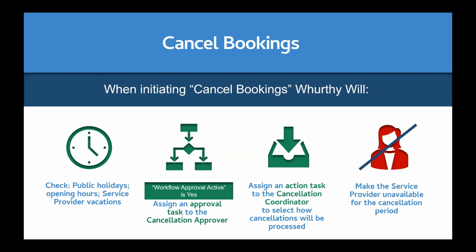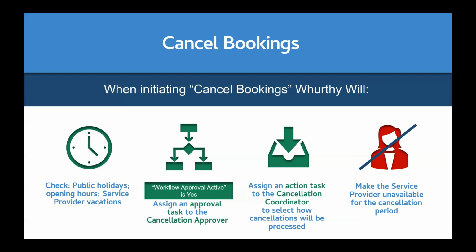Now, that's useful if, for example, a business admin comes in thinking, I just heard that Kerwin's not going to be able to make it on this day, and they initiate the cancel bookings workflow. If it turns out that he wasn't available anyway, it's not going to go through wasting everyone's time with a workflow and a check. So that's the first check.